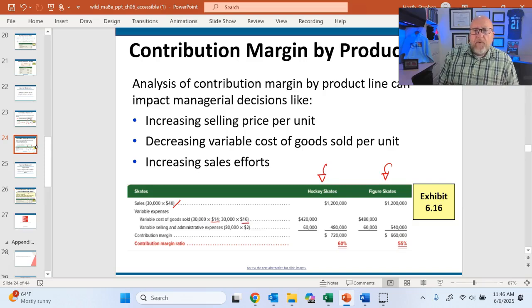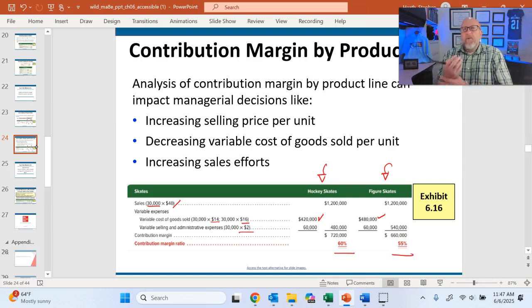And therefore, total variable manufacturing is lower for hockey skates than it is for figure skates. Both are selling 30,000 units. Both have the same variable SG&A. And so the hockey skates have a 60% contribution margin ratio, whereas figure skates are 55%.